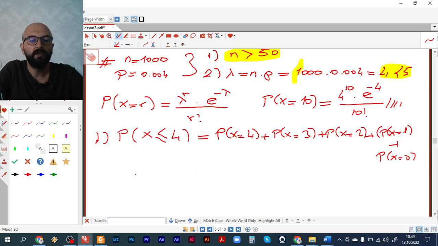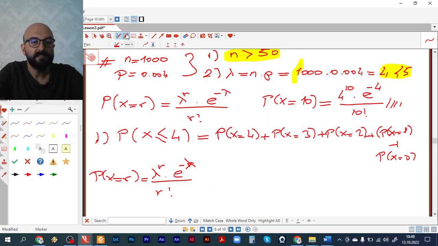And your formula is the probability of R means lambda to R multiply e to minus lambda over R factorial.